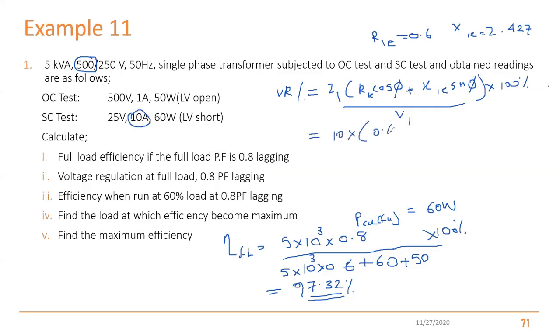This one is 0.6, power factor is 0.8. It is calculated as 2.427, and sin phi, if you calculate, will be 0.6. You have to divide by 500, then take the percentage.